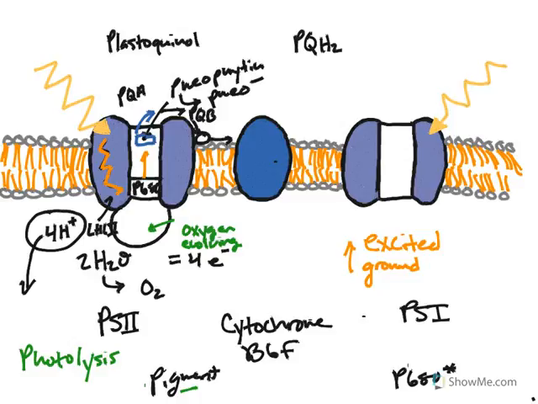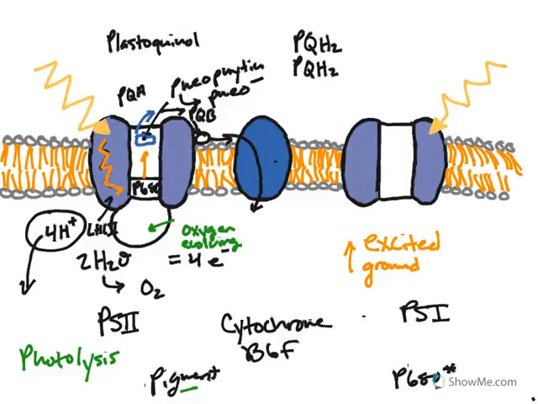And remember, since we said that we are using 2 water molecules, this is going to occur twice. So we're going to have 2 PQH2 molecules. From our PQH2, our carrier molecule is going to travel to our cytochrome B6F, and it's going to hand off the electrons from PQH2 to cytochrome B6F.